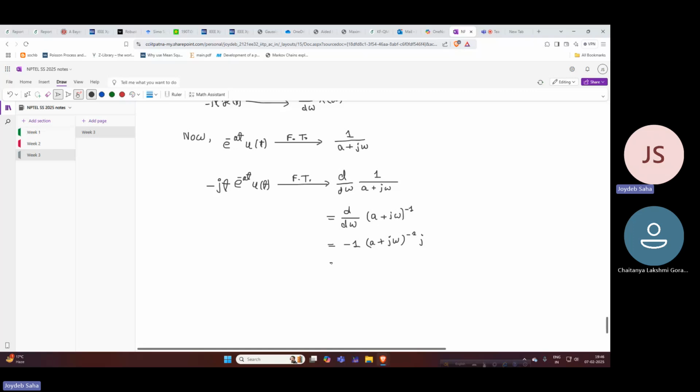That means minus j upon (a plus j omega) square.